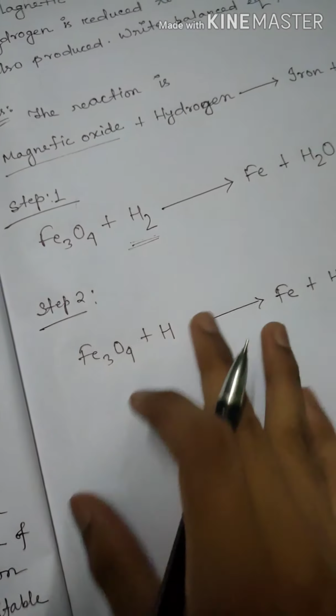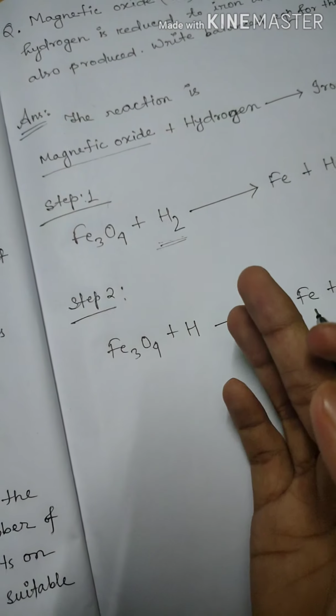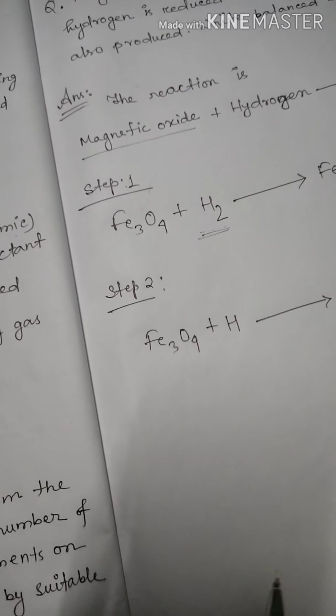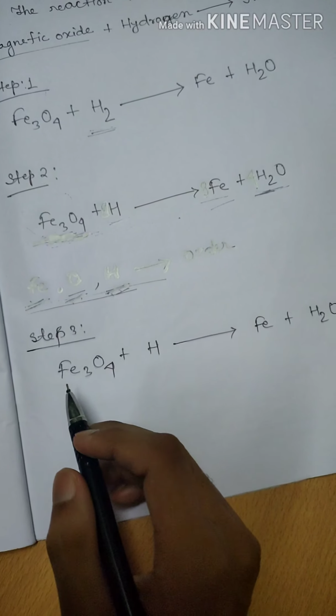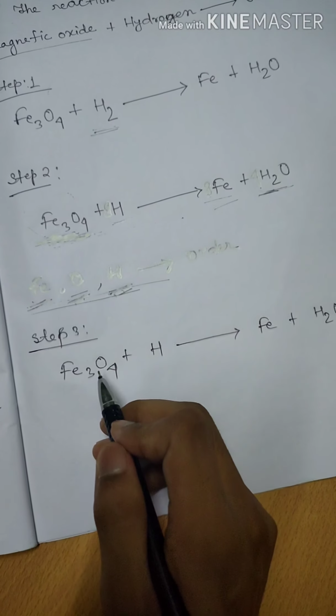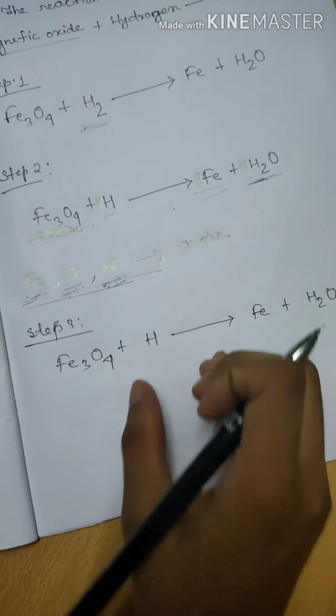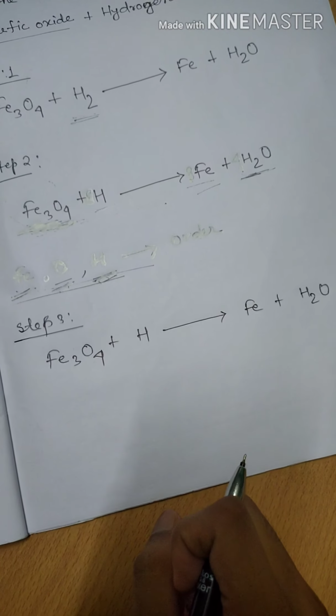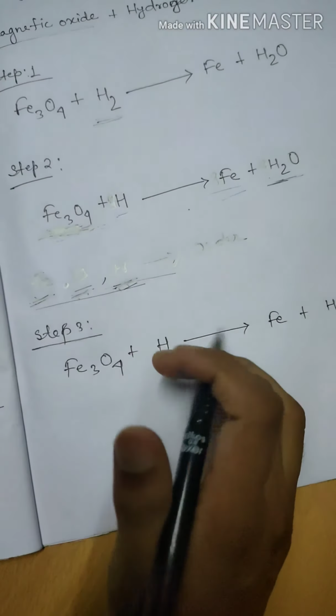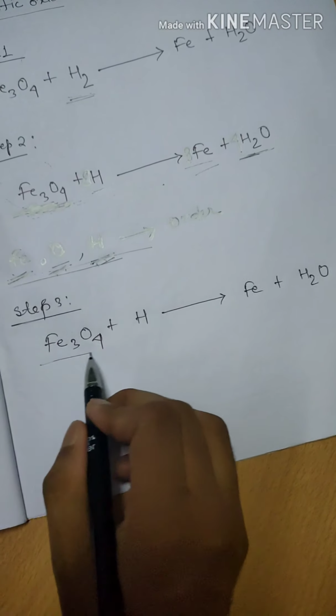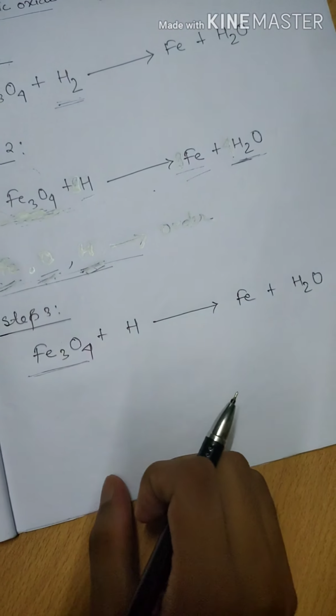Okay, so now come to step 3. According to step 3, we have to select the biggest formula first from this skeleton equation. Here the biggest formula is Fe3O4 in this reaction.